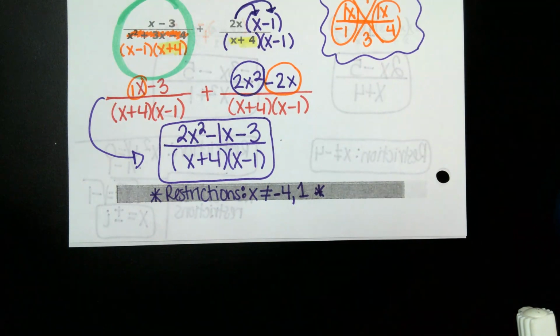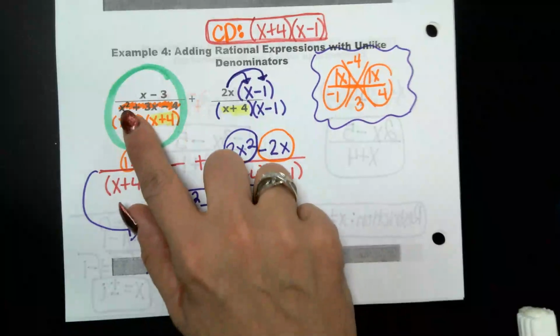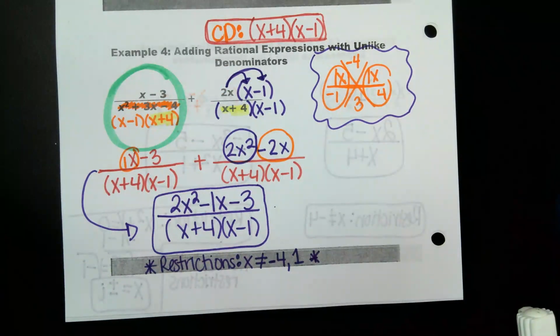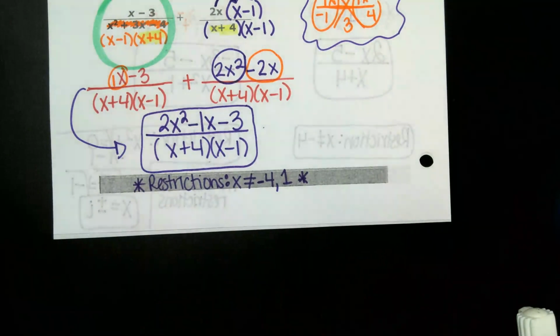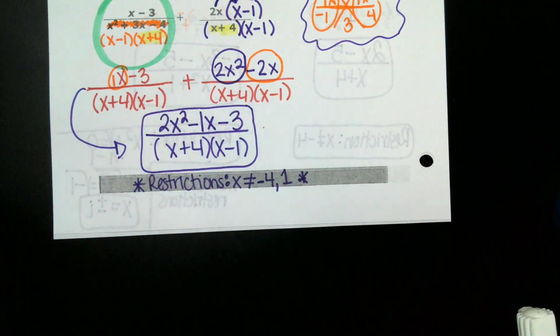Now remember how earlier I said only factor denominators? If there's a denominator that can be factored, you need to factor it. That's how we found our common denominator. You don't ever factor the top until you get your final answer, okay?